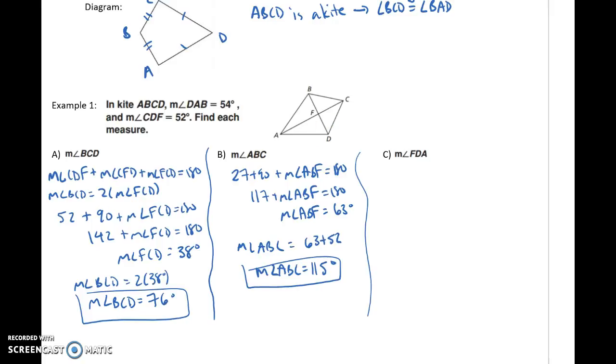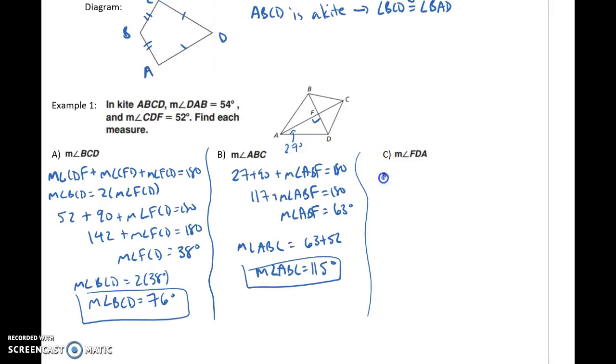You can go back to DAB, right? Cut this in half, and this is 27 degrees, this is 90, and then we can find FDA because of that right triangle. Or if you looked in B, we already found that this whole thing is 115, and because they are congruent, 115 for ABC is the same thing as CDA, and then we can just take away that 52 from there. But again, this is what I did earlier, right?